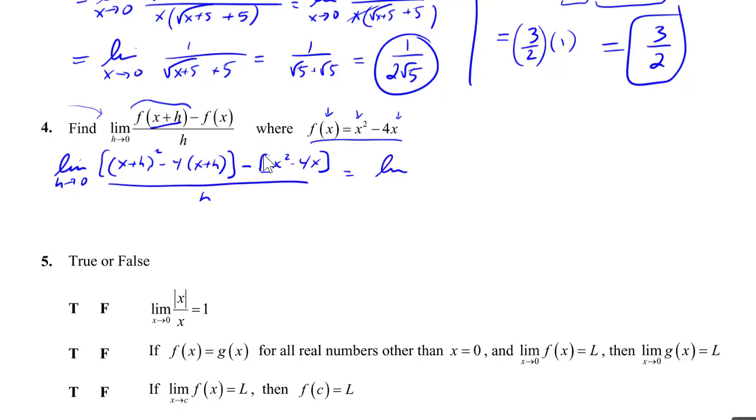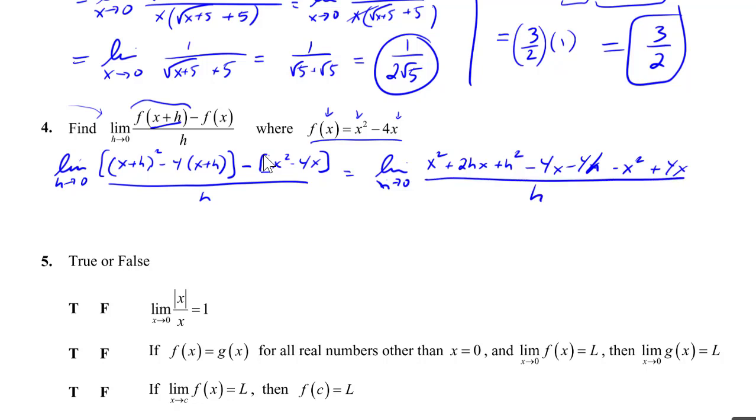So we have to multiply this out. We get x squared plus 2hx plus h squared when I FOIL that out, minus 4x minus 4h, minus x squared plus 4x, all over h.